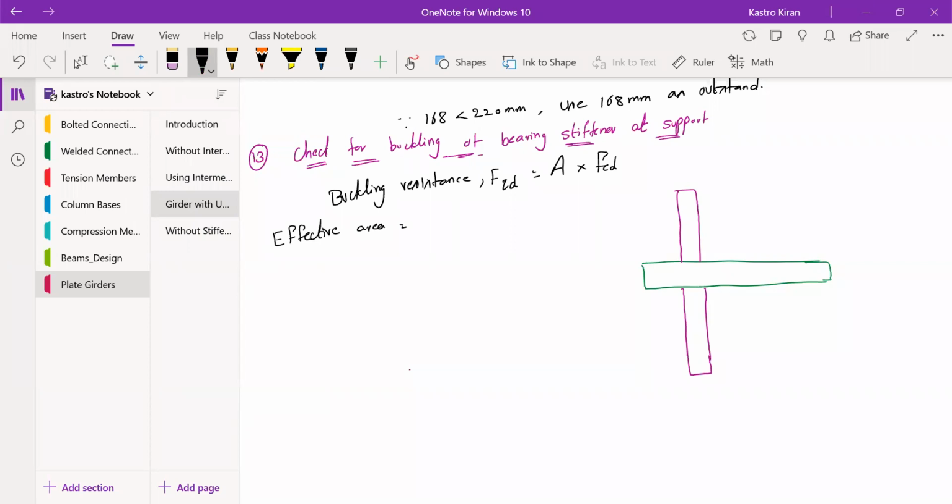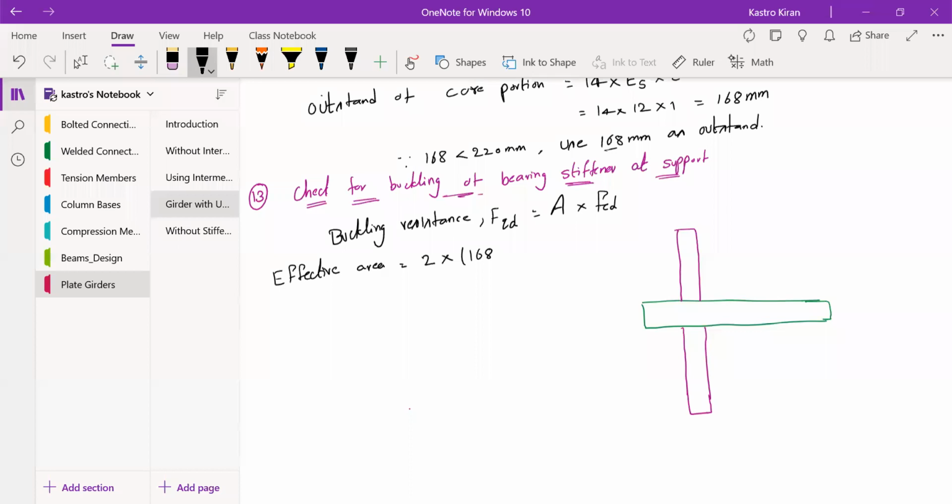the outstand at core section, that is 168, because you have found that the outstand of the core section is 168. So 2 times 168 into the thickness of the stiffener, which is 12 mm, which you have assumed, plus 20 times the thickness of the web, and you also have another condition into the thickness of the web.